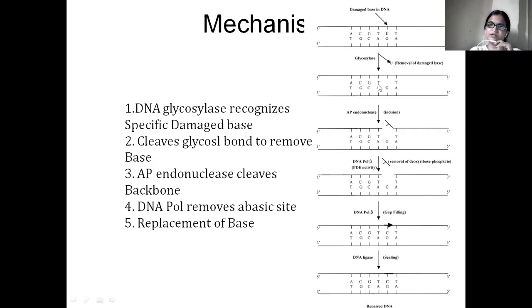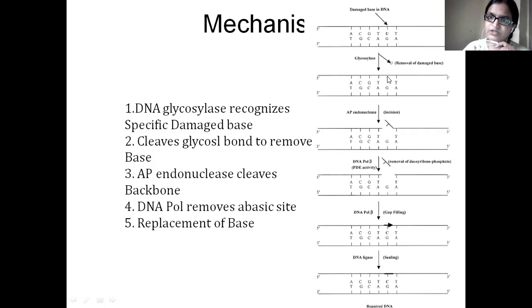Okay, so the glycosylase is removing the damaged base, creating an AP site. If you can see, this is the sugar phosphate backbone, right? The phosphate will be in the middle, and these are the sugars.